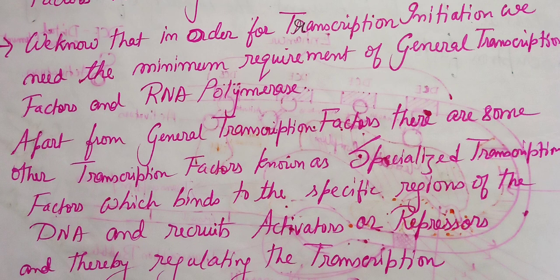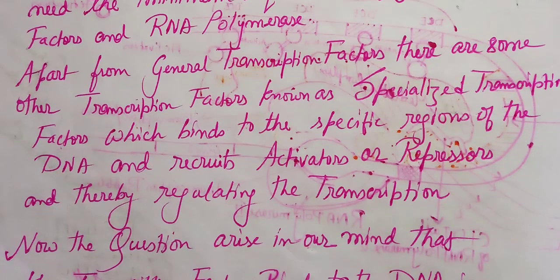They bind to certain regions of the DNA with the help of their DNA binding motif, and then they recruit the activators or repressors, thereby regulating the transcription.